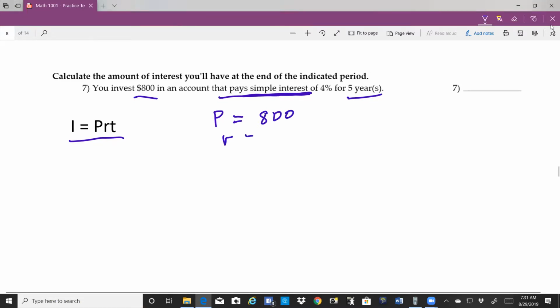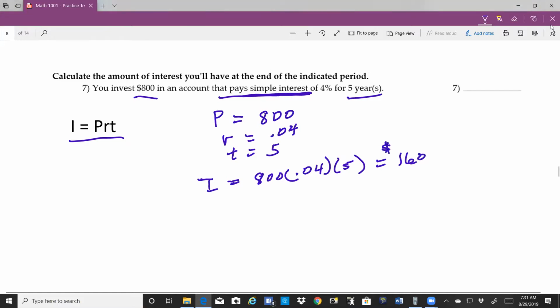The interest rate in decimal is 0.04. And T is 5. So the interest is going to be 800 times 0.04 times 5, which is equal to $160. So you'll make $160 interest.